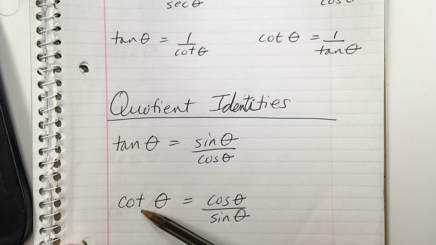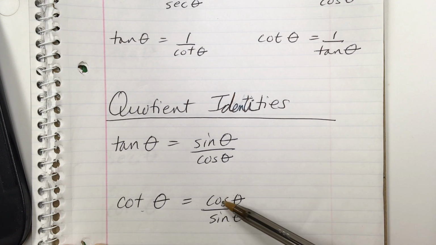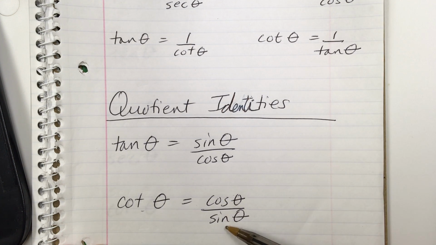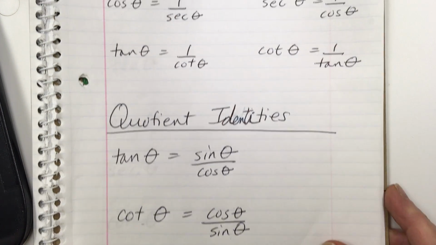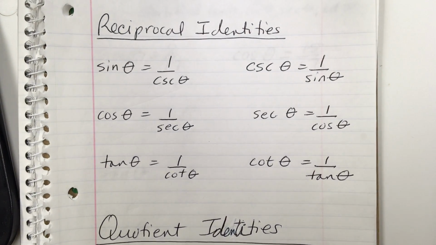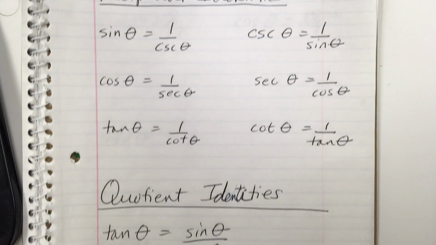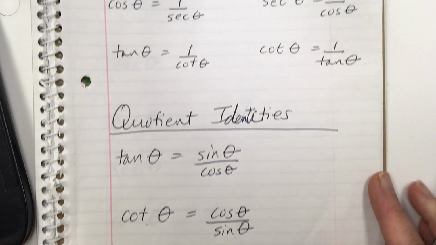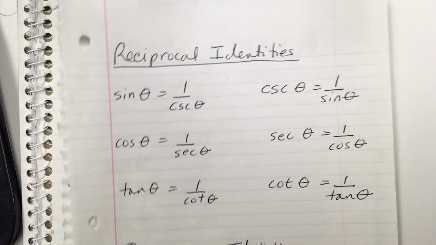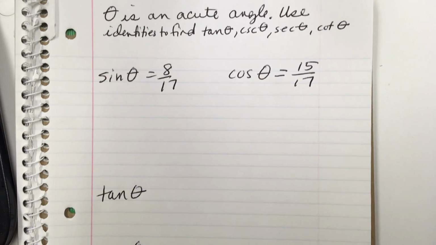Therefore, cotangent is equal to cosine divided by sine. So let's use these reciprocal identities and quotient identities to help find the answer to this next problem.